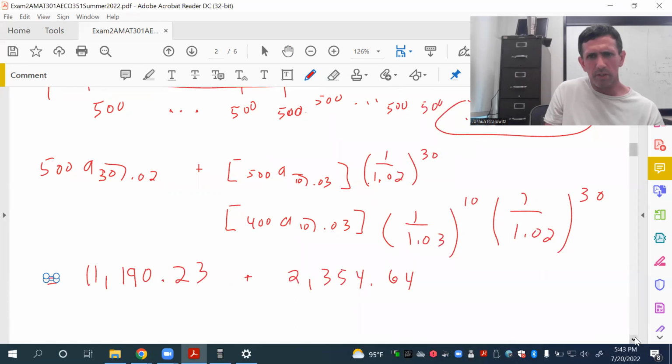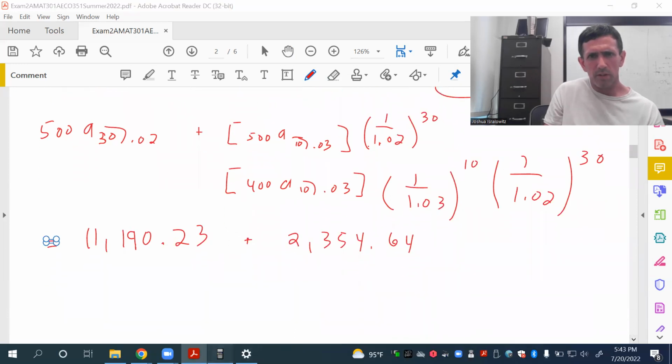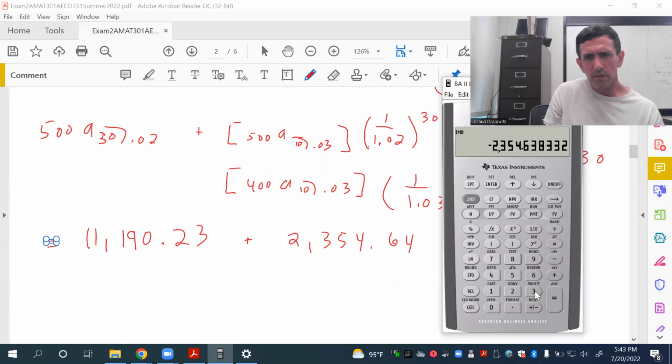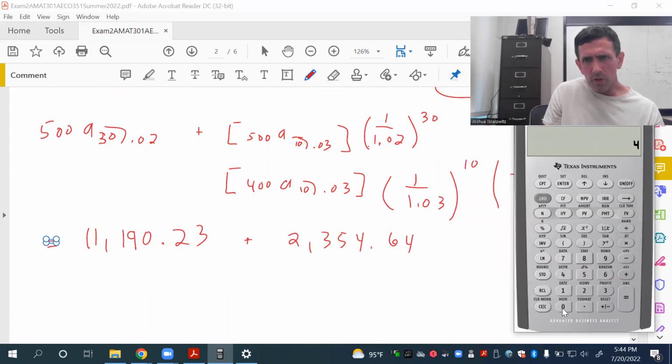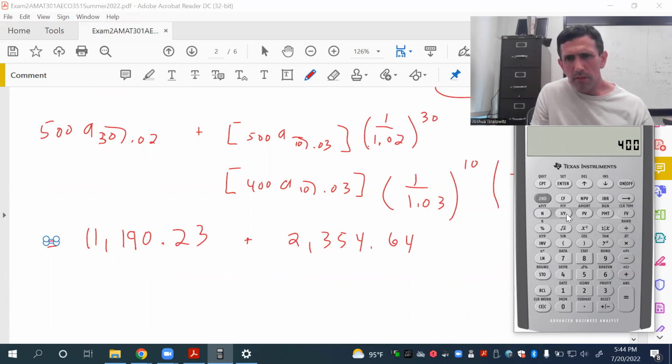And last but not least, let's get this one here. All right, so 400 payment. Yeah, it's so easy to make a stupid mistake when you're recording something while you're entering into a calculator.